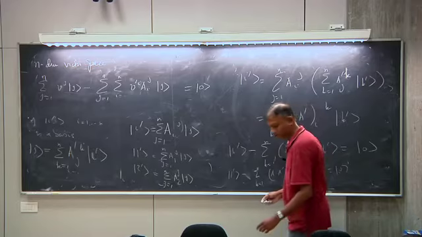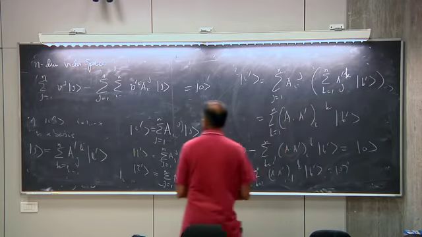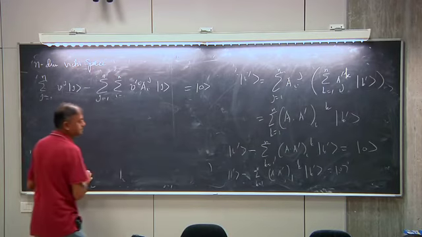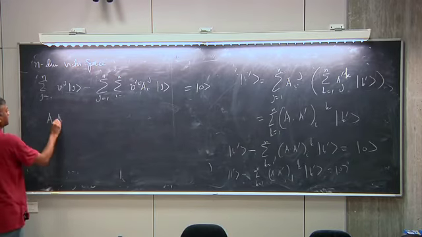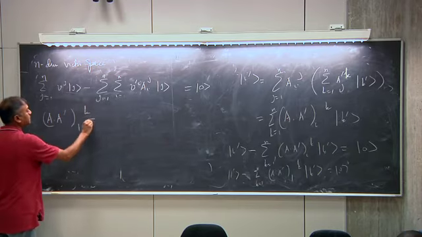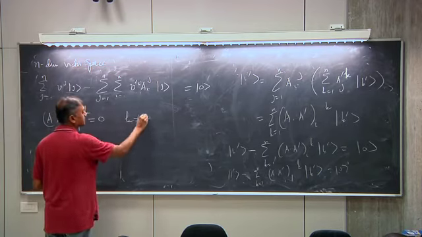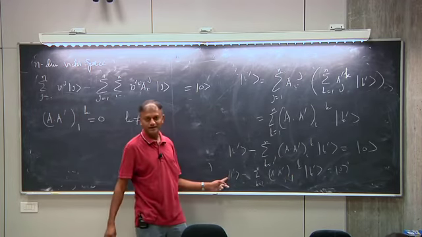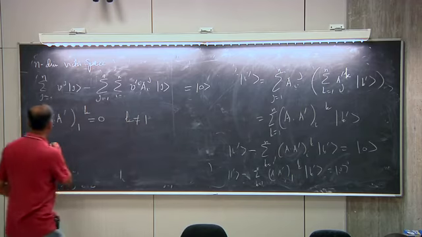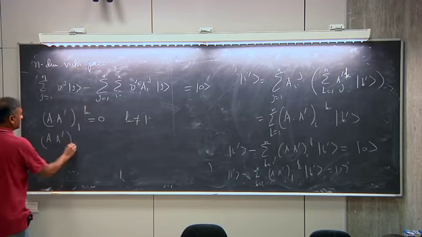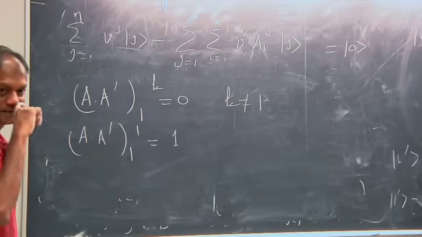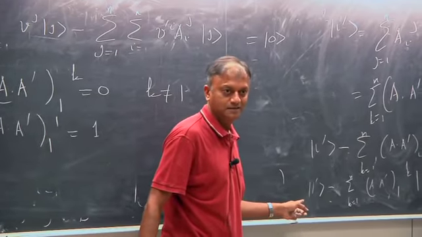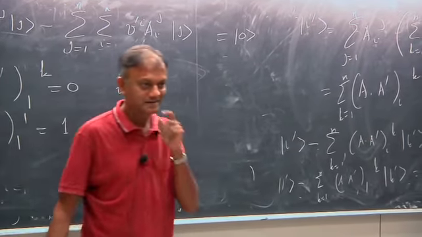So the conclusion from this is that a times a prime 1k equals 0 when k is not equal to 1. So when k is equal to 2, 3, etc., this must be 0 because here there is only 1 prime, right? And a times a prime 1,1 must be equal to 1. I'm using just the linear independence of that, right? Is that clear?